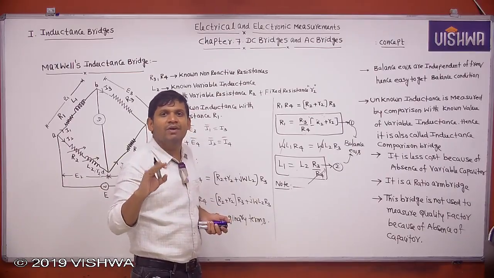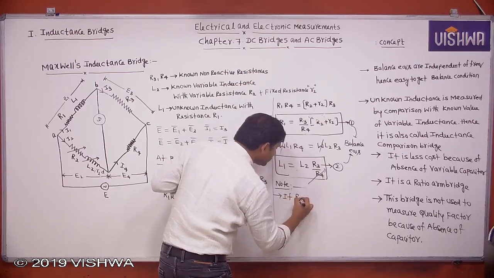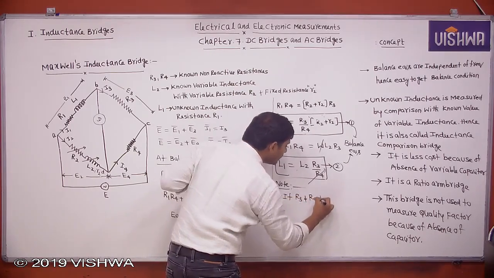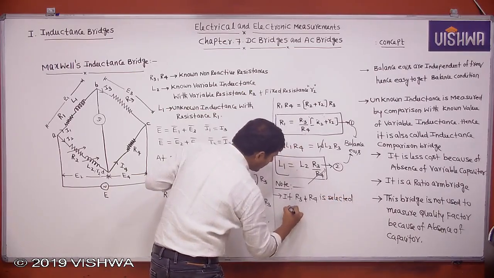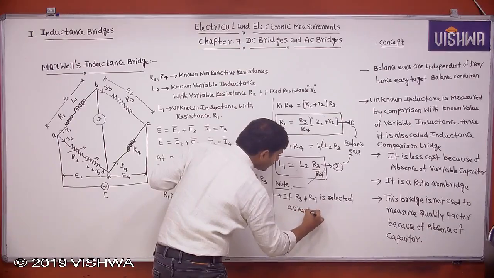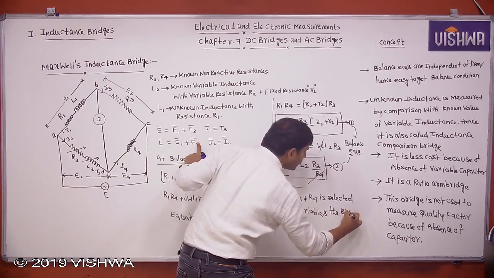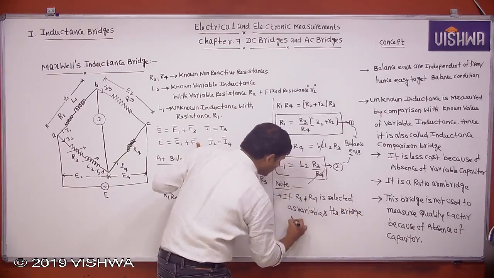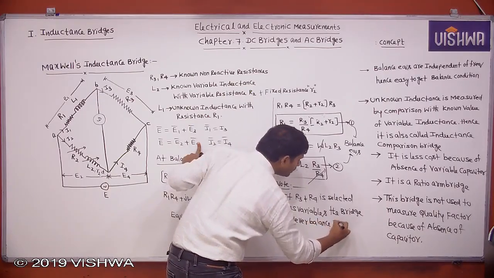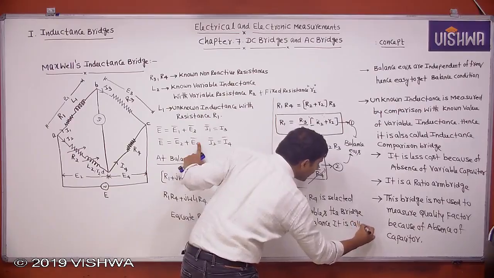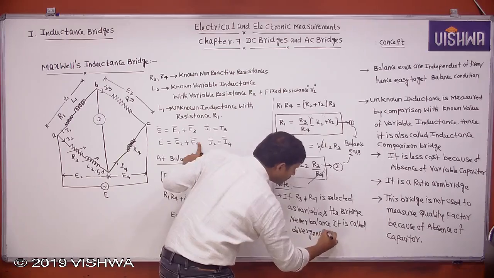It is called divergence to balance point. If R3 and R4 are selected as variables, the bridge never balances.